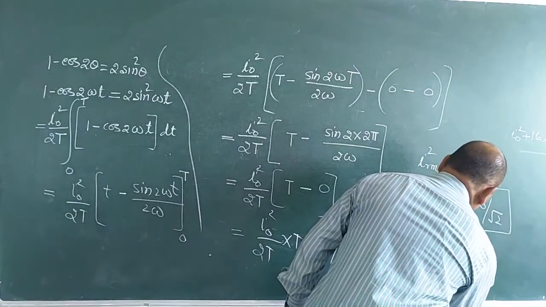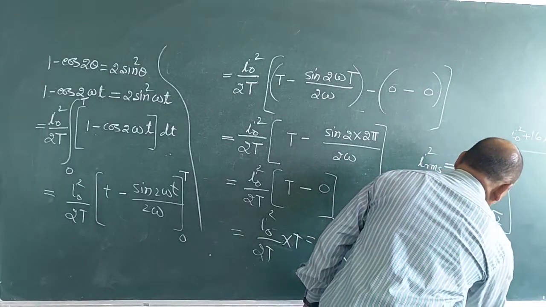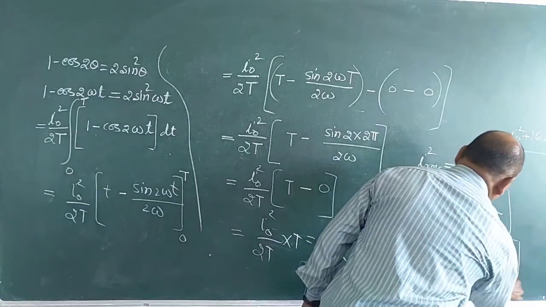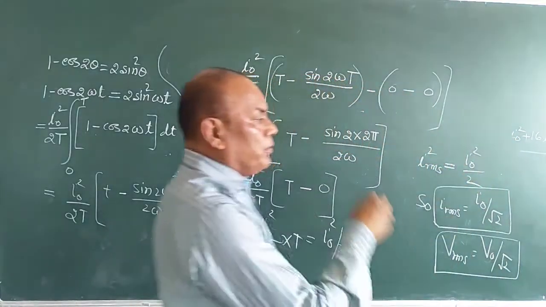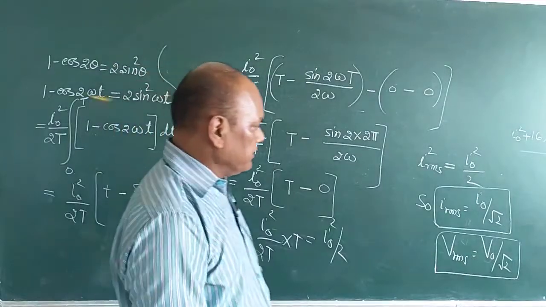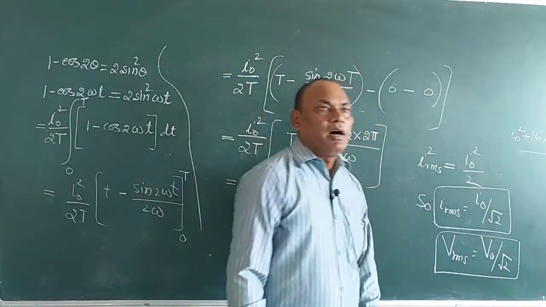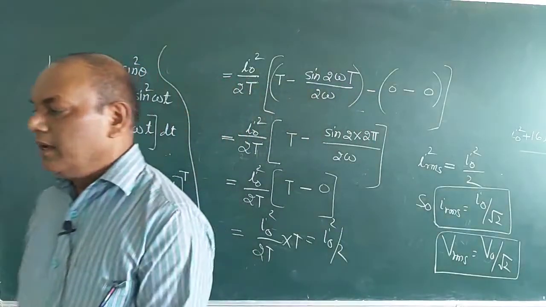Similarly, VRMS is equal to V0 upon root 2. This is the conversion of IRMS into I0 or I0 into IRMS.